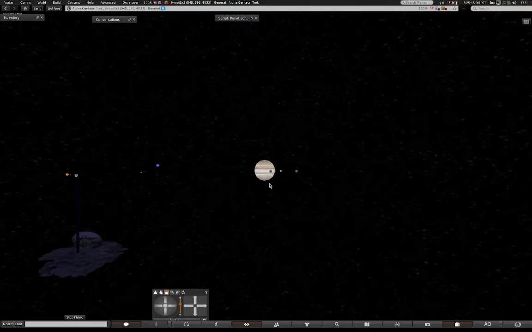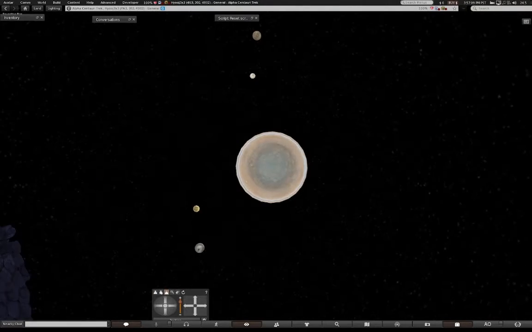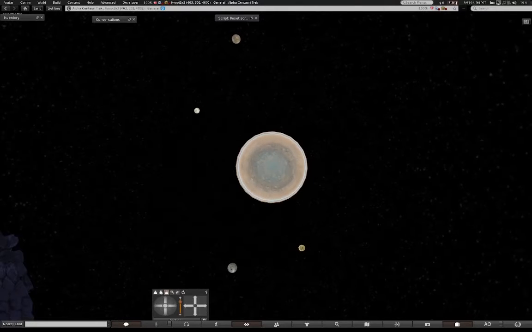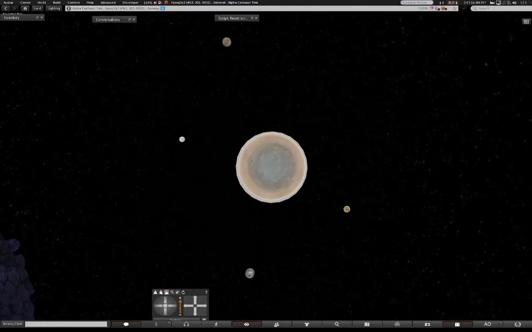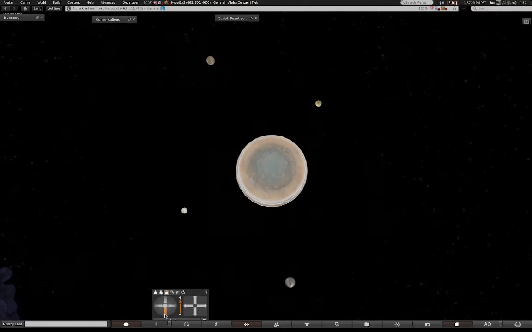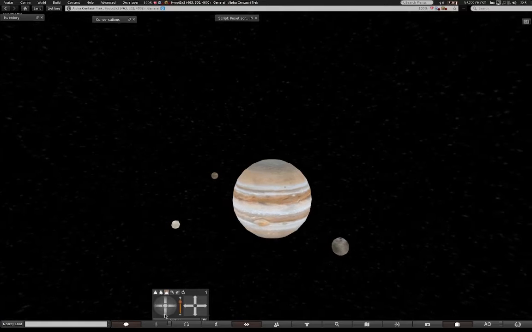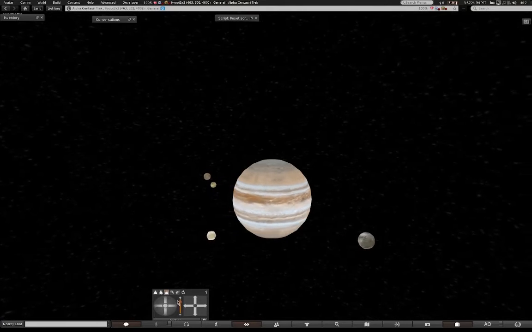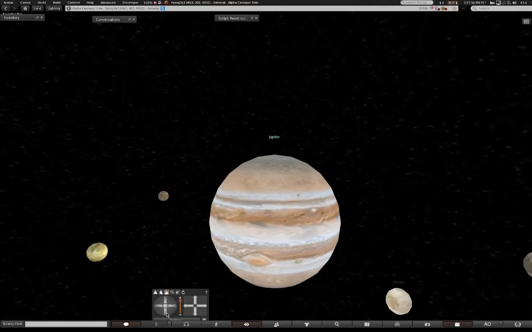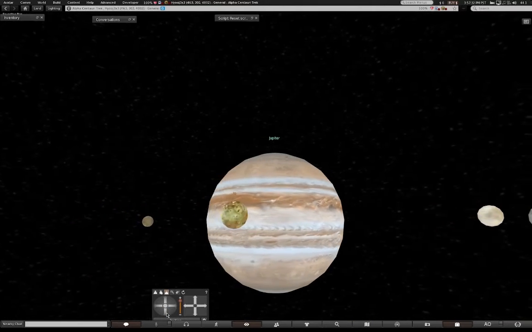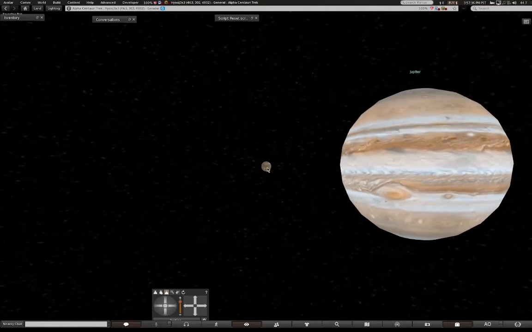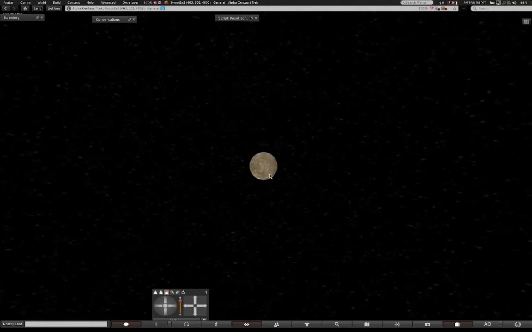Now to Jupiter. It's four moons. Io there is the one that's all volcanic because it's so close to the planet.